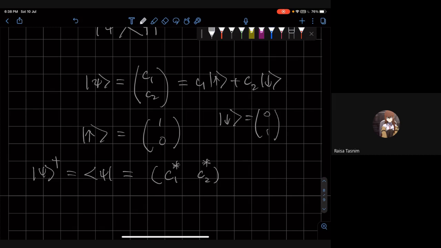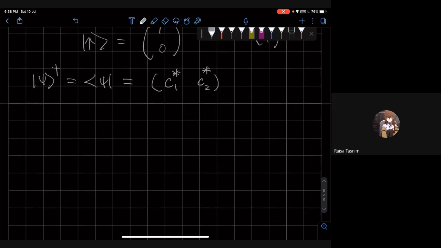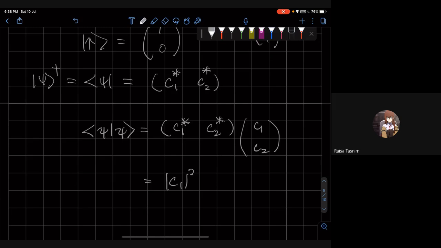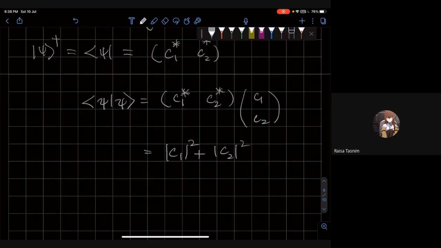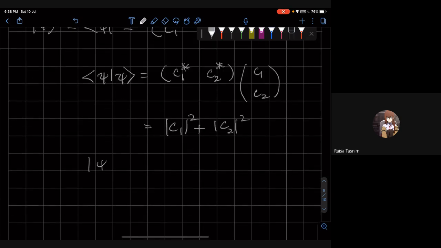Yeah. So then what is this thing? This is the inner product. This is the usual matrix multiplication: (C1 star, C2 star) times (C1, C2) gives C1 mod squared plus C2 mod squared, right? We know that. But this thing, ket psi bra psi, is the other way around.